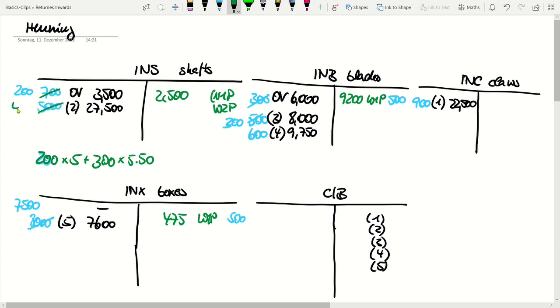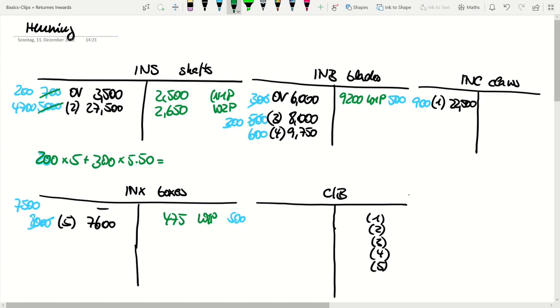Thereafter, we are left with 4,700. This value gives me 200 times 5 plus 300 times 5.50. Come up with 2,650.